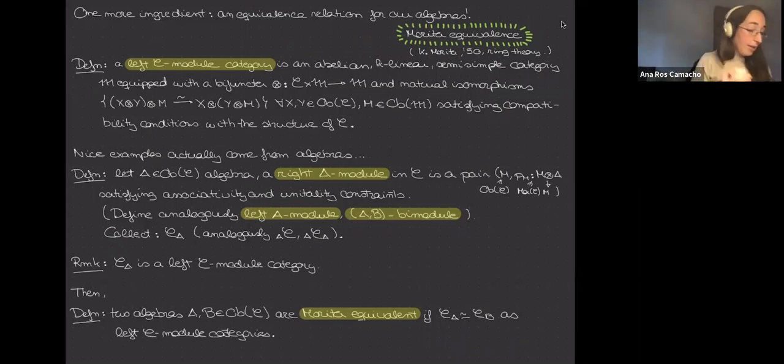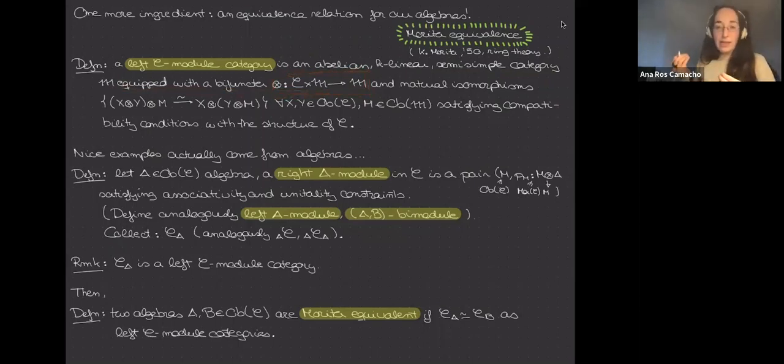In order to define this, I'm going to need some auxiliary notion, which is the notion of module category. Not the same as category of modules, not the same as modular tensor category. Fasten your seatbelts. I'm going to define a left C-module category to be an abelian, K-linear, semisimple category, with Hom spaces as K-vector spaces, where you can write every object in smaller pieces, equipped with a certain bifunctor given by this.